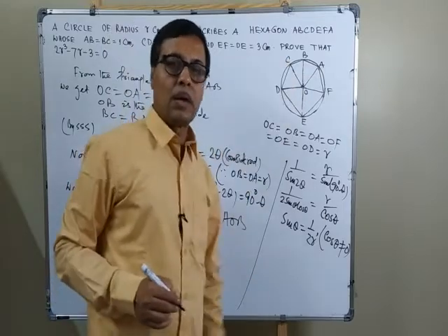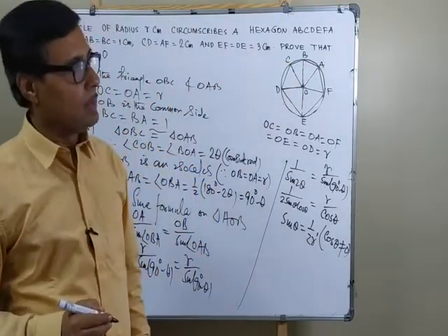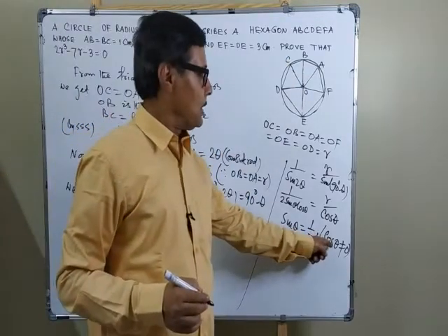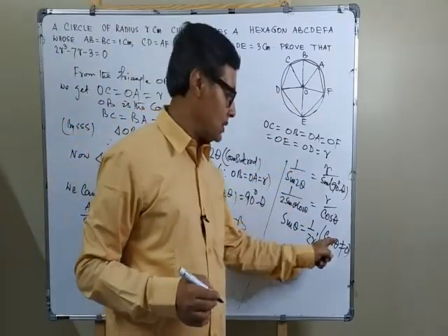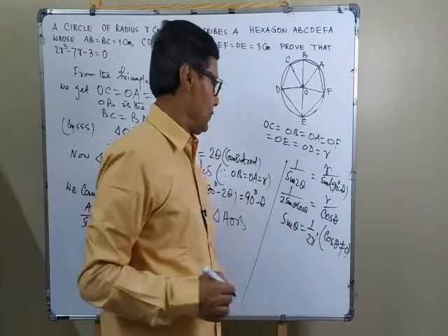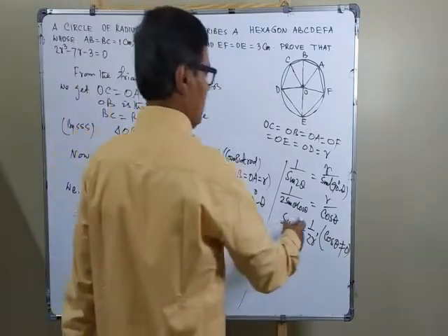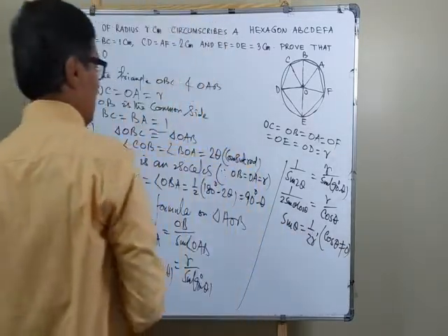Any angle of a triangle cannot be 180 degrees. So cos theta is not equal to 0, and sine theta is equal to 1 over 2R.